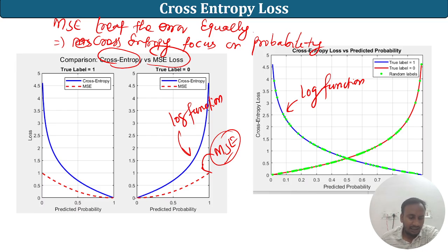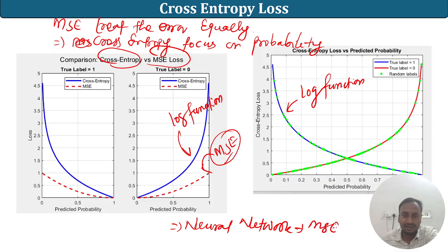If you talk about neural network problems in machine learning, if we work with MSE, it's going to give poor classification. Again, as I told you, when we talk about classification, it's going to give very poor results, and cross entropy is going to give better results.